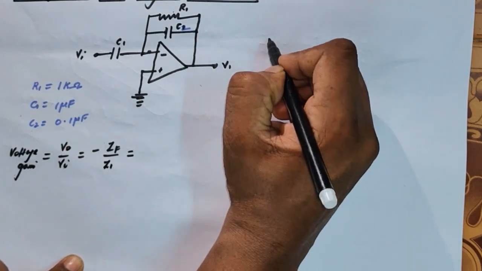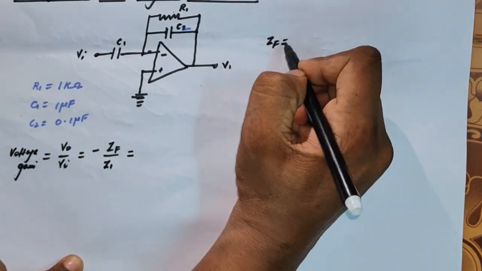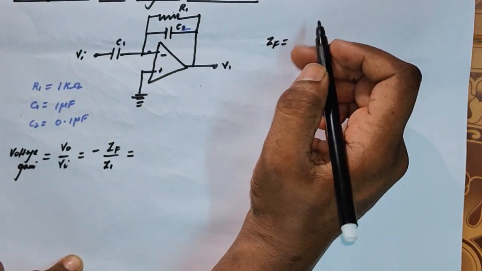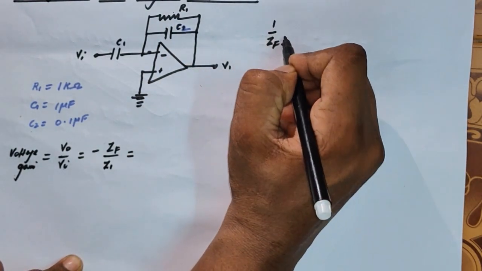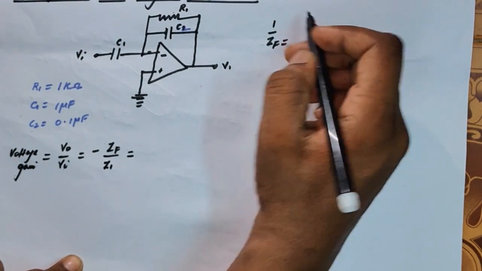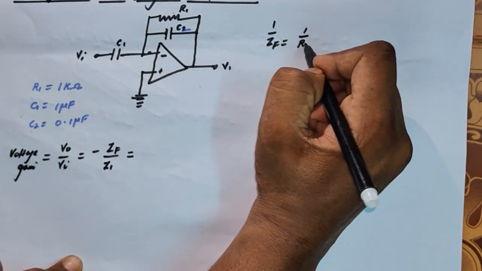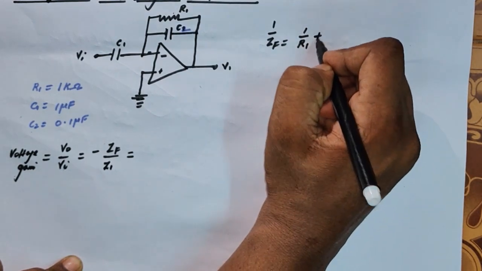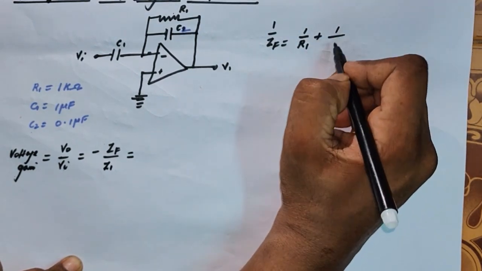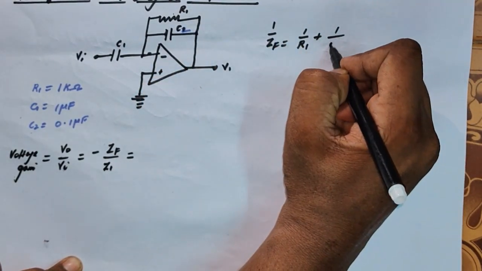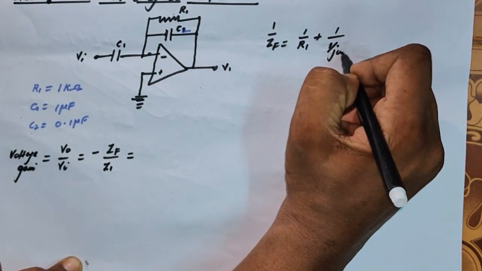To find the ZF, here these components are parallel, the parallel components we need to evaluate. So for that, 1 divided by ZF is equal to, if any resistances are in parallel, you have to add the reciprocals: 1 by R1 plus 1 by the impedance of C2, that would be 1 divided by j omega C2.